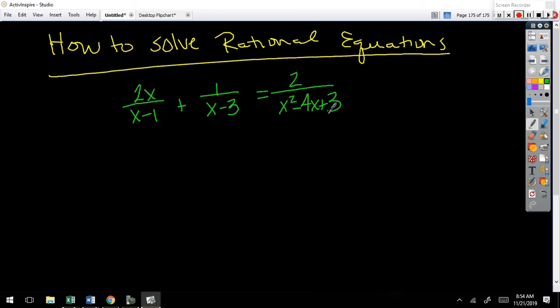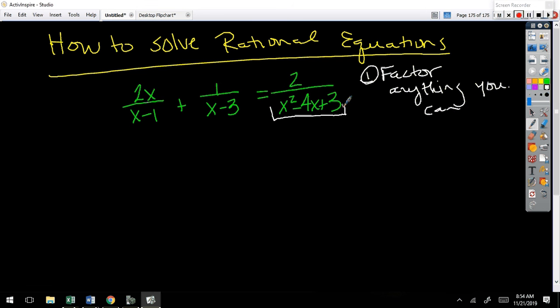Okay? So whenever we're doing that, what do we need to do first? Exactly. In the process of finding that LCD, what we're going to do is factor anything that we can to start with. Do you see anything in this equation that can be factored?